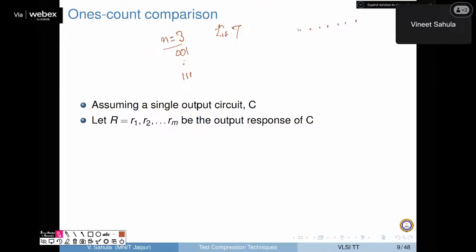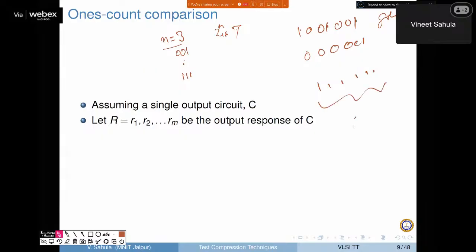For a fault-free circuit, it could be 1001001. It is the golden signature, fault-free. The other sequences could be faulty circuits, anything else, varying from 0000001 to all ones. This length is 2 to the power n minus 1.